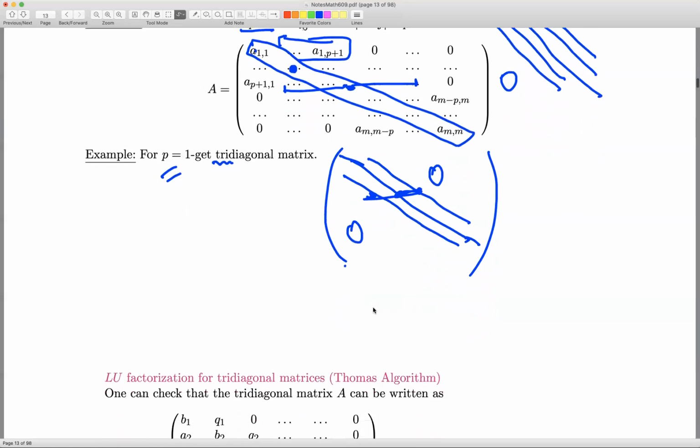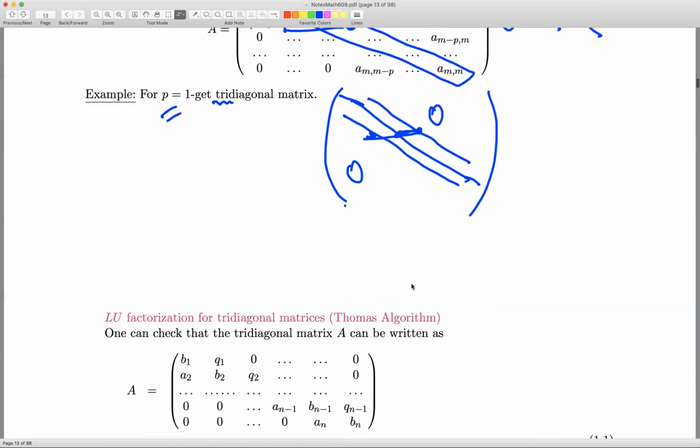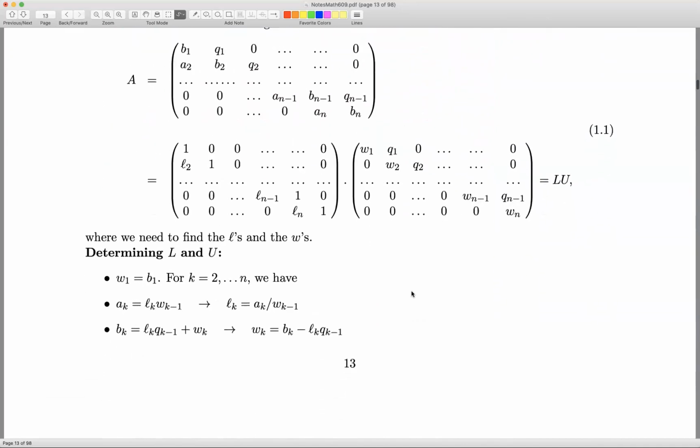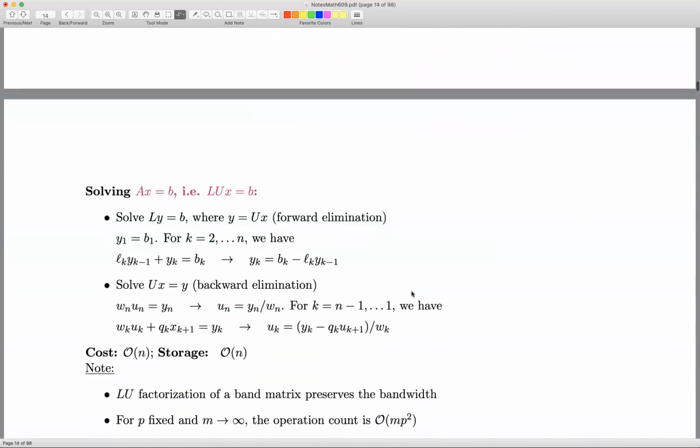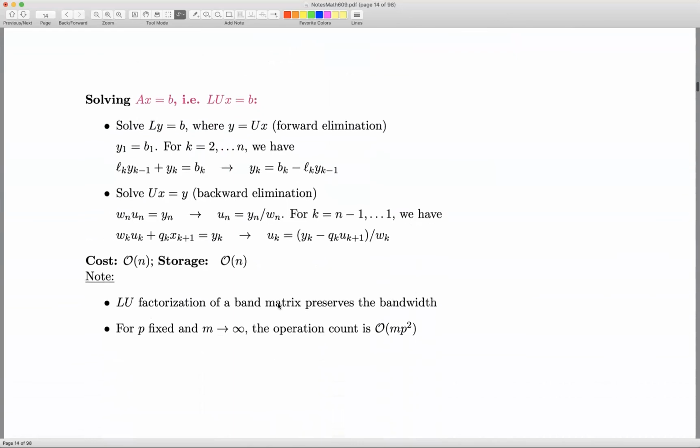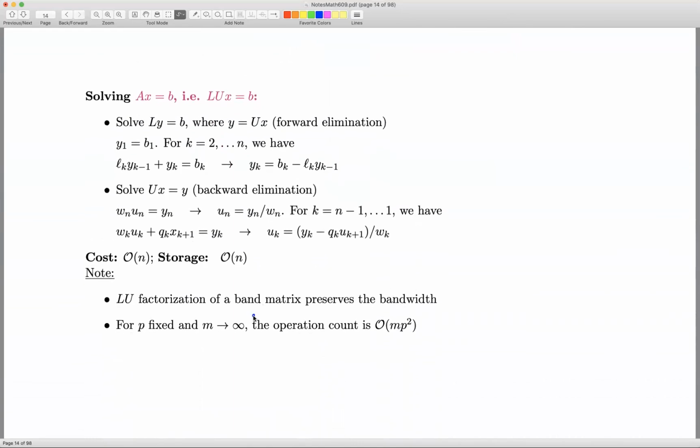So if one goes a little bit deeper into Gauss elimination and LU factorization, we'll go back to that, one can show that LU factorization on a band matrix preserves the bandwidth.